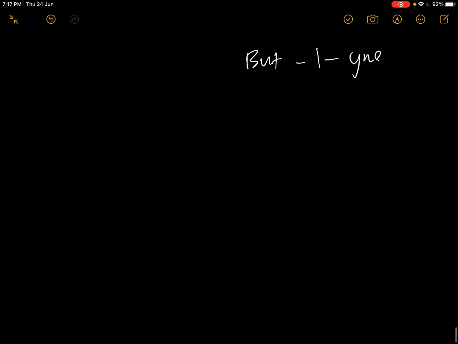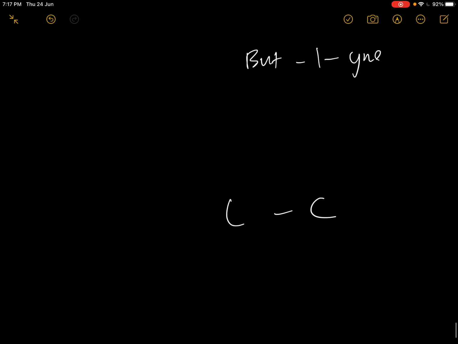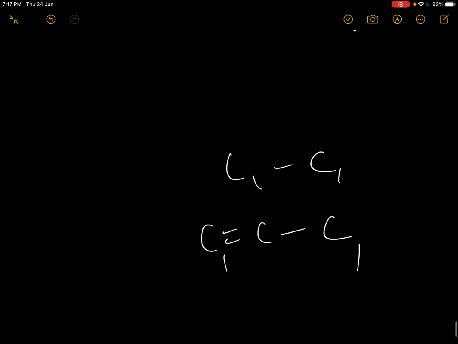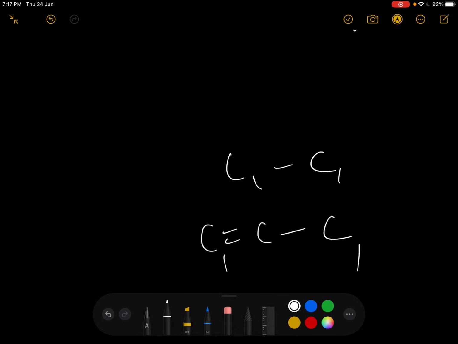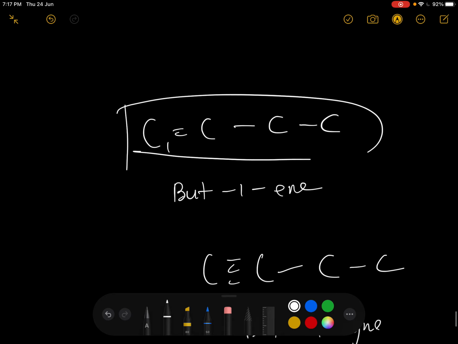Why? Because if we have ethanol or ethene, here can be 1, here can be 1, right? So either side is also 1, so you don't have to write it down. But if there is a chance for it to be either 1 or 2, we write it as 1. So yeah, that's that.